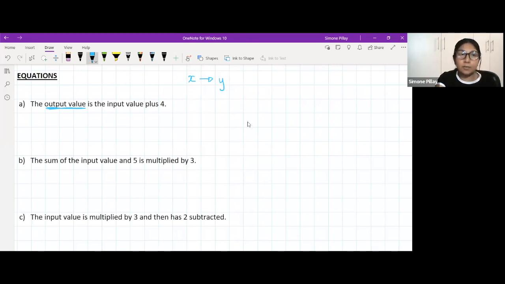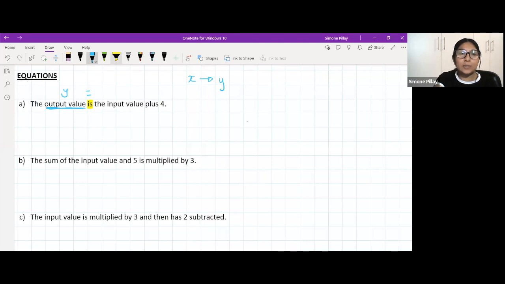I know my output value is my Y value. I see answers in the chat. You guys are reading ahead. So happy to see that. We have my output value, which is Y. The next thing they've said is that the output value is something. When you see the word is, what does that make you think of? It makes you think it's equal to.